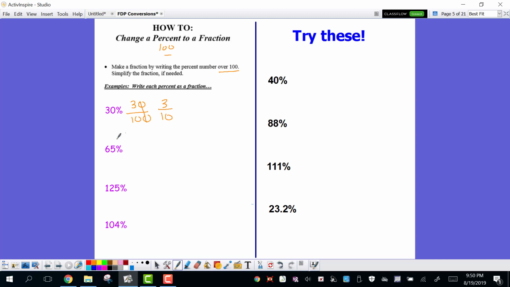Okay, here I have 65%. Again, you write it as a fraction, 65 over 100. Okay, and now you divide. Well, since my numerator 65 ends with a 5 and my denominator ends with a 0, I can easily divide these two by 5.